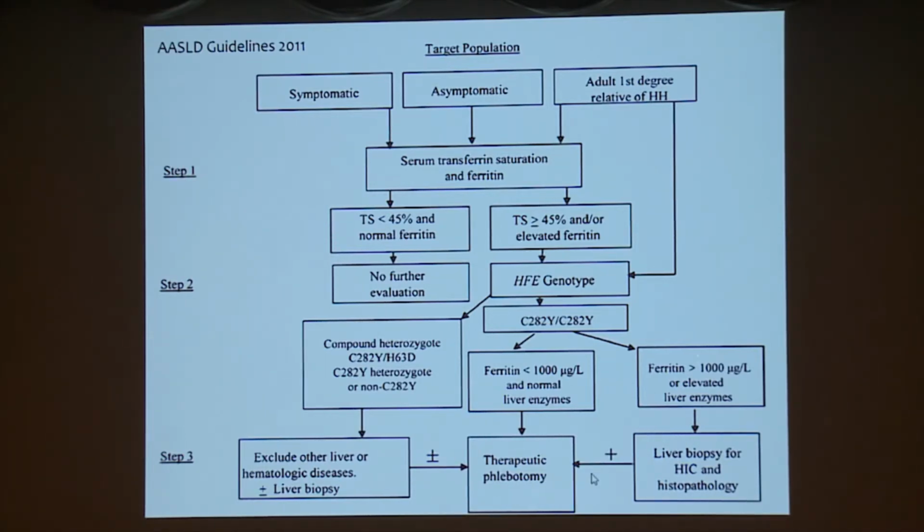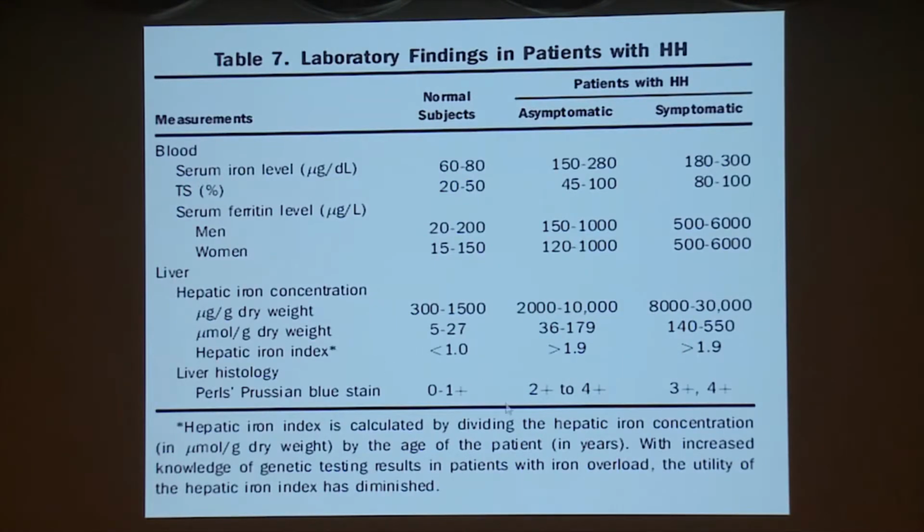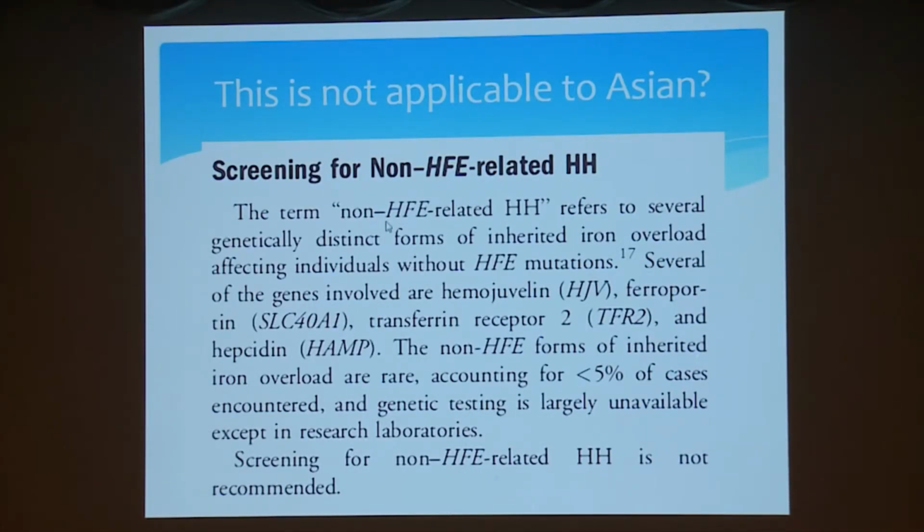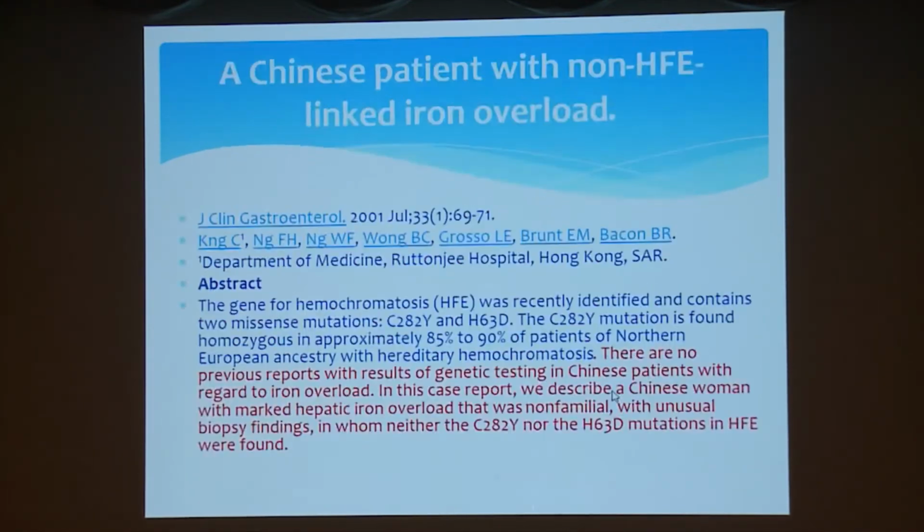But this is more for Caucasian iron overload cases. For the non-Caucasian population, we may have to think of non-HFE-related genes. In the past these were known to be rare, but I think this is a more understudied group that we can further develop.